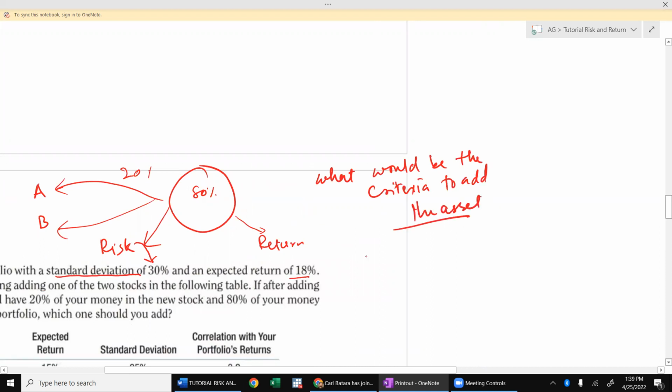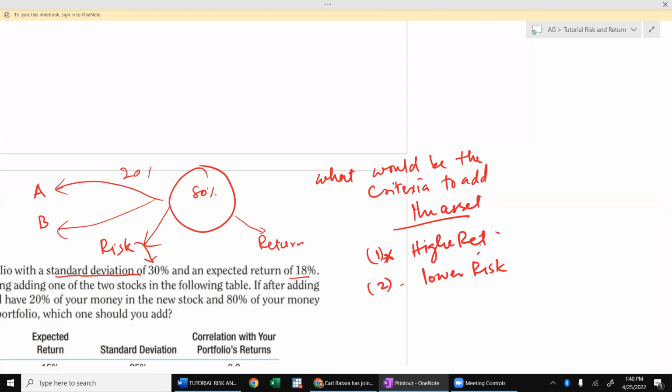Let me write two criteria. Number one, high return. Number two, lower risk. Based on these two criteria, which one would you add? The one with the higher return, or the one with the lower risk?